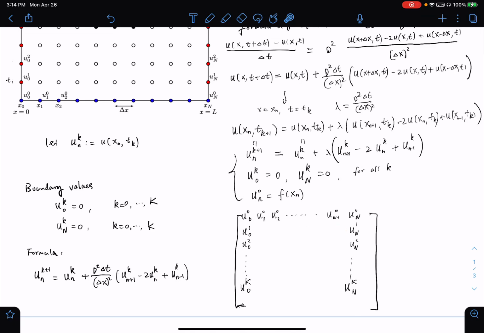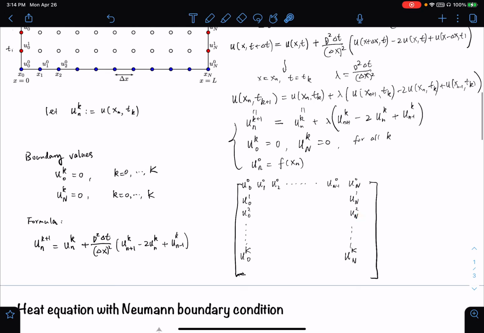And once you get the second row, you can generate, for example, this value by these three values, and this value by these three values, and all the way up to here, right? So in summary, you can use, for example, two for loops. One is to calculate the values in each row, and then you can move forward into further time steps to generate the values in every row.